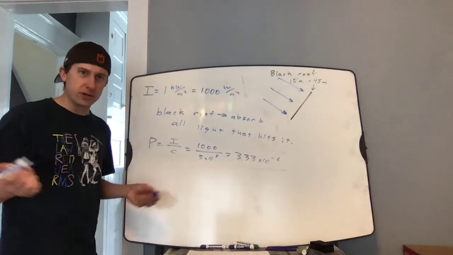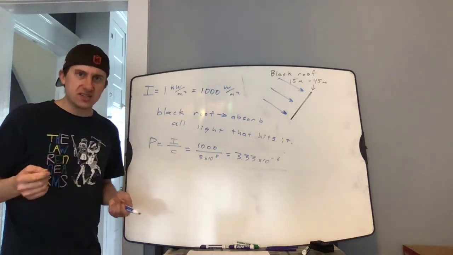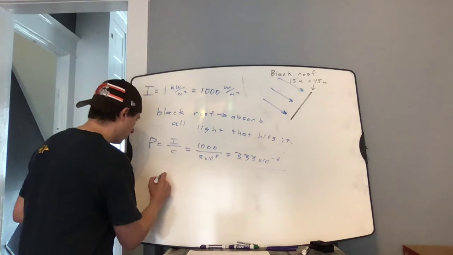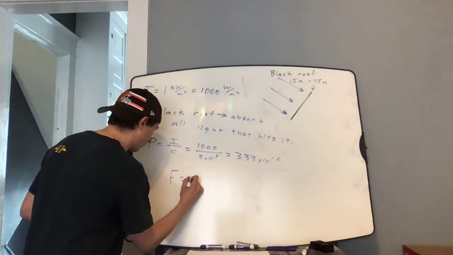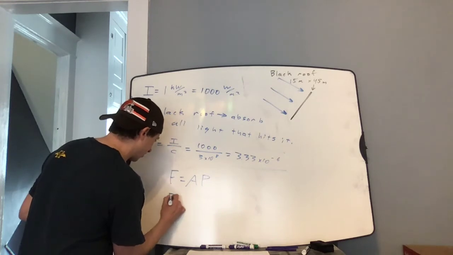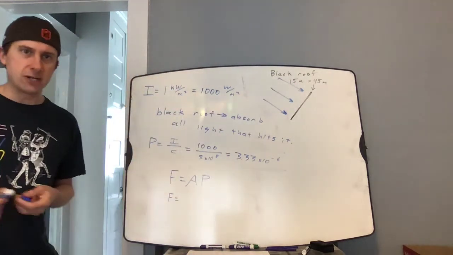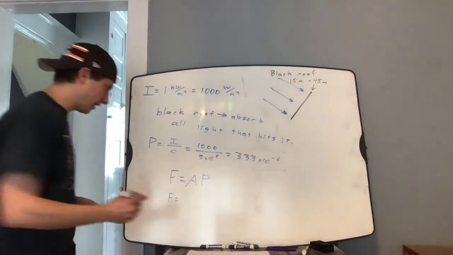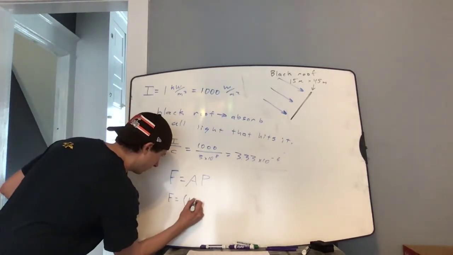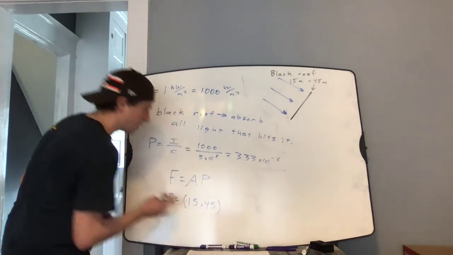Okay, how are we going to use that to determine the force on the roof? Well, force is area times pressure. So the force on the roof is 15 by 45 meters, length times width, which is the area, times the pressure.